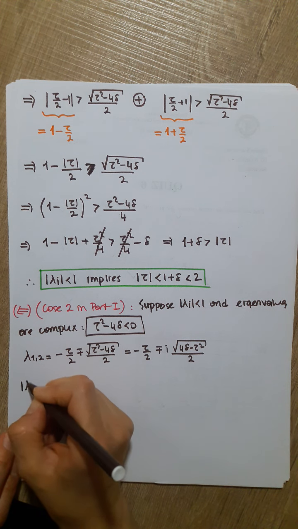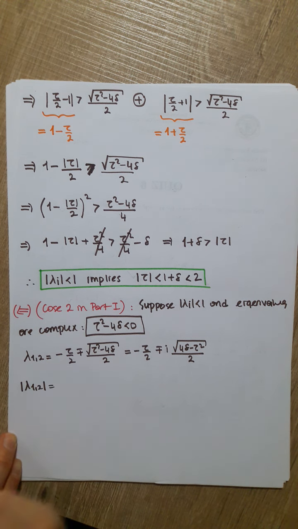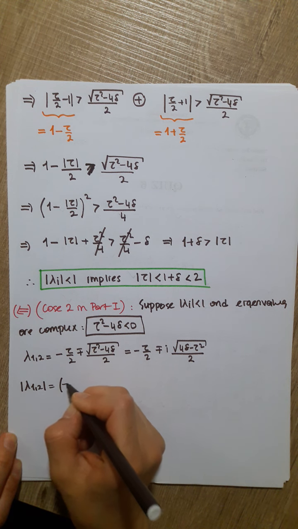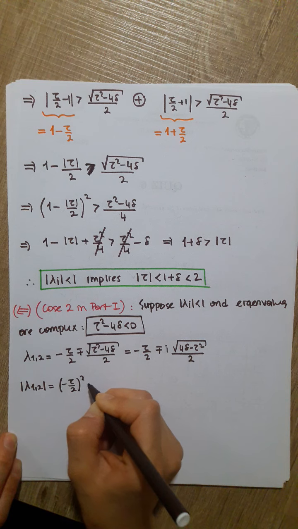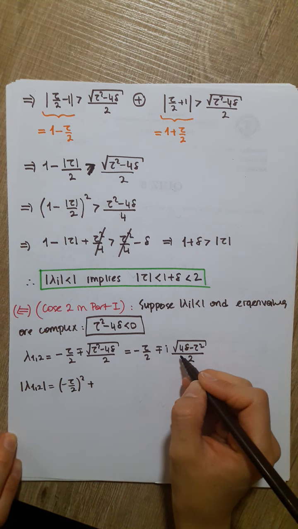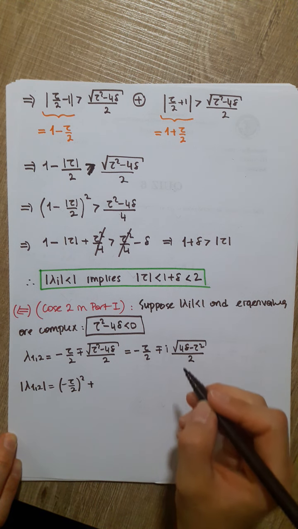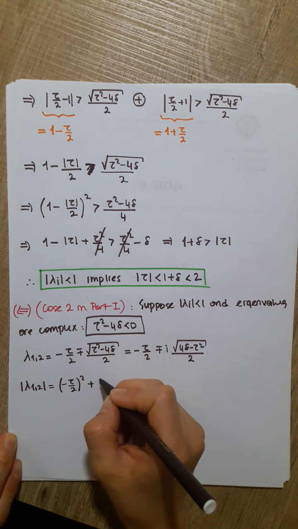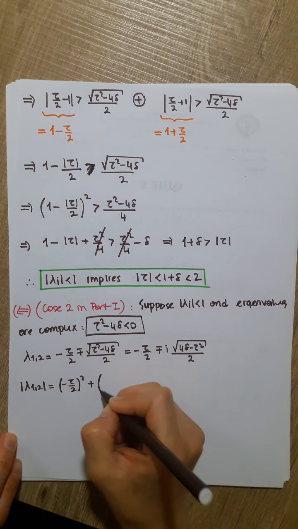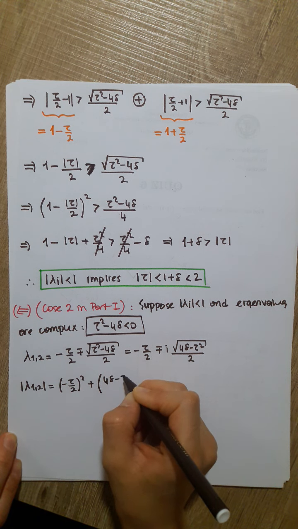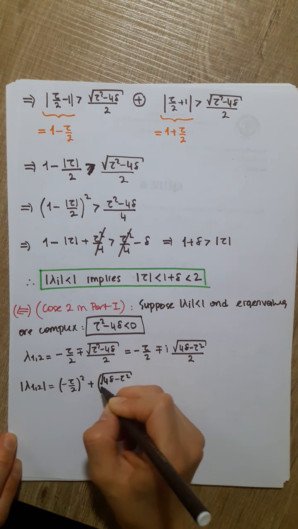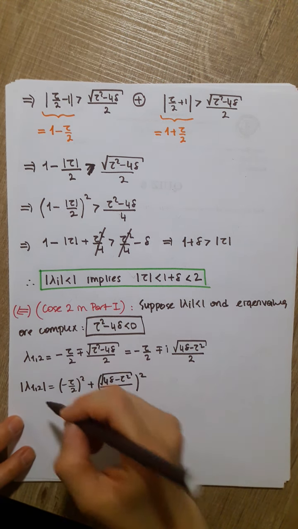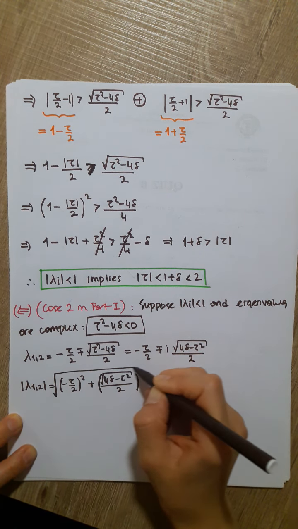The magnitude of those eigenvalues will be the square of the real part plus the square of the imaginary part, in the square root, of course.